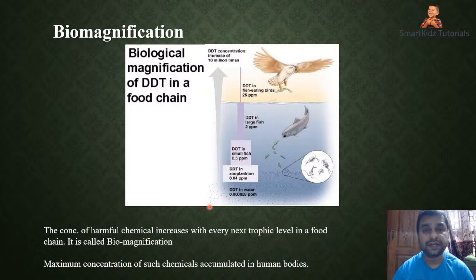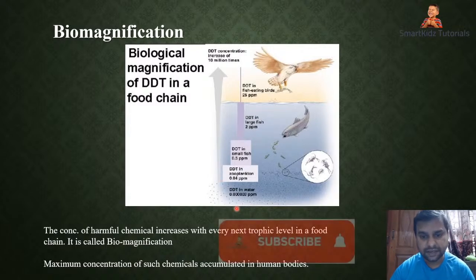So DDT comes from application of DDT in fields or water, or maybe dumping of chemicals as effluents by chemical industries in the water, and this is taken up by microorganisms in the deep ocean called zooplanktons, which are consumed by small fish. Small fish are consumed by big fish, and at each and every step, okay, there is further accumulation of this DDT.